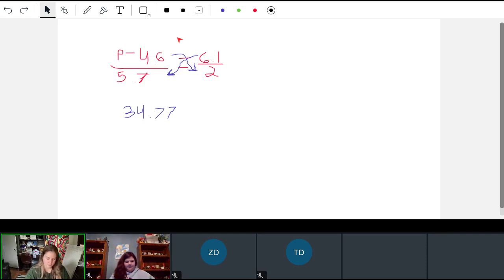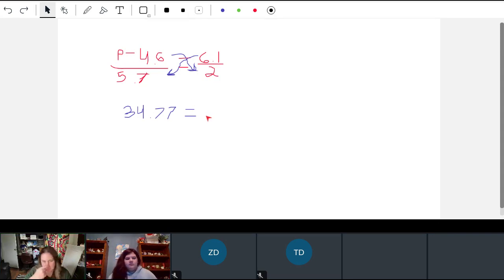All right, copy down that equal sign. And then now we're doing 2 times P minus 4.6. So this 2 right here, Patricia, look at the board. This 2 has got to be multiplied by the P and the 4.6. So 2 times P is just what?